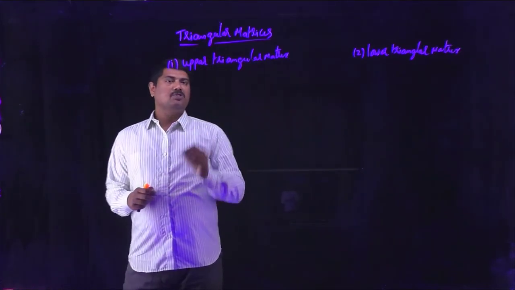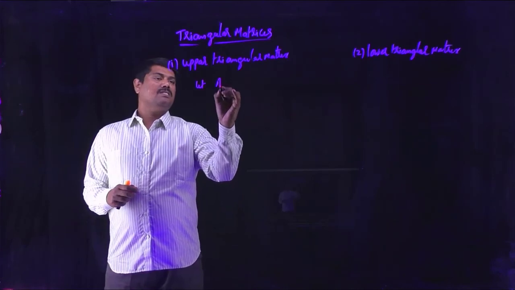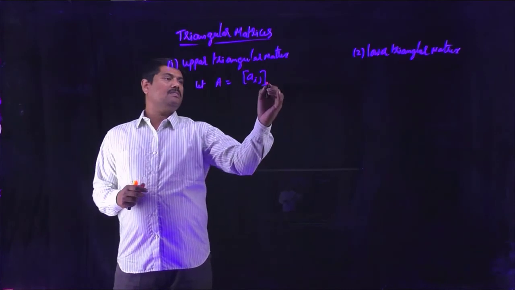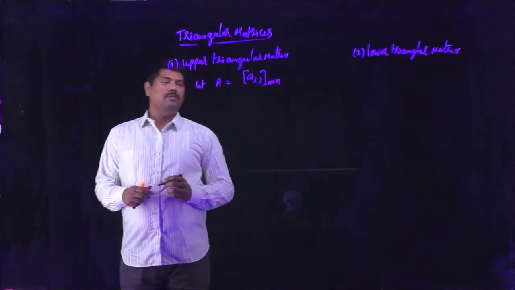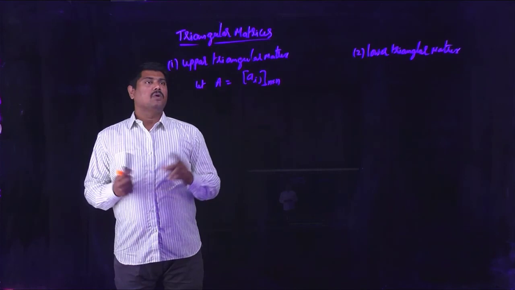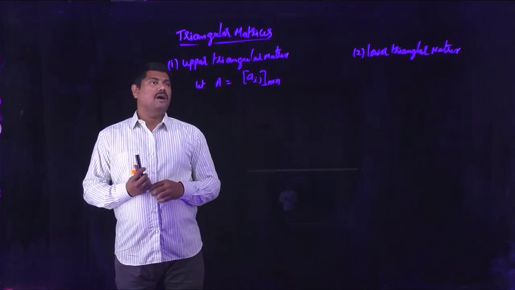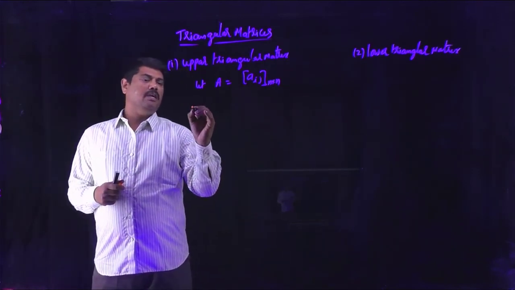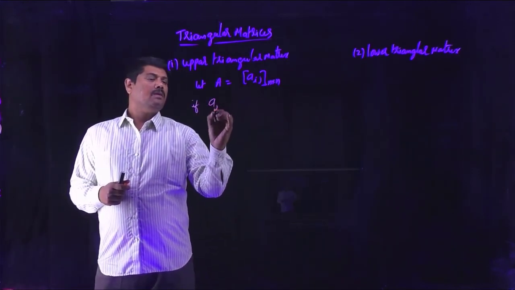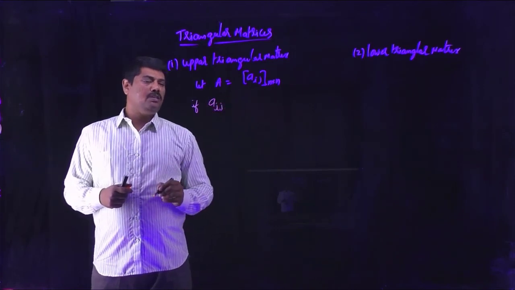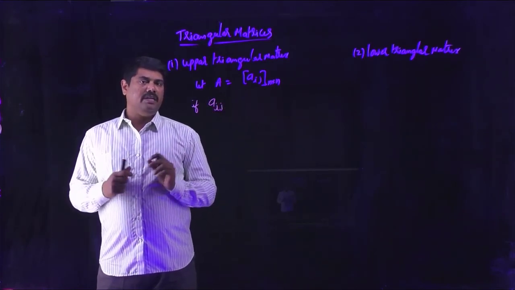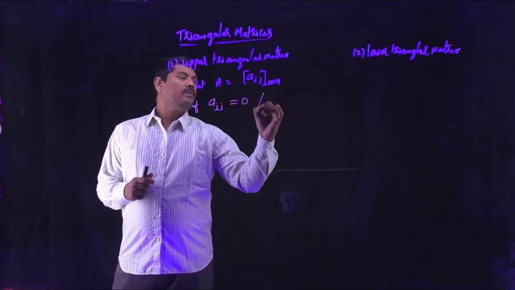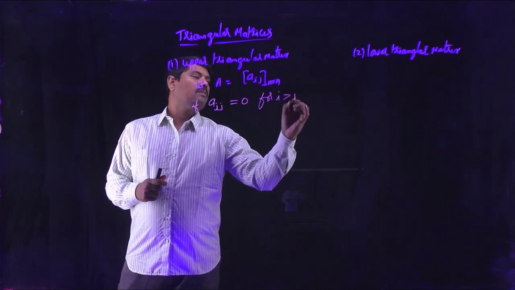So consider a square matrix. Let us consider A equal to Aij, the general format of a matrix, n by n. This is a square matrix of order n. Now, what is the definition of an upper triangular matrix? Here you observe one point. Generally we use the Aij notation to indicate an element. Aij is equal to 0 for i greater than j.